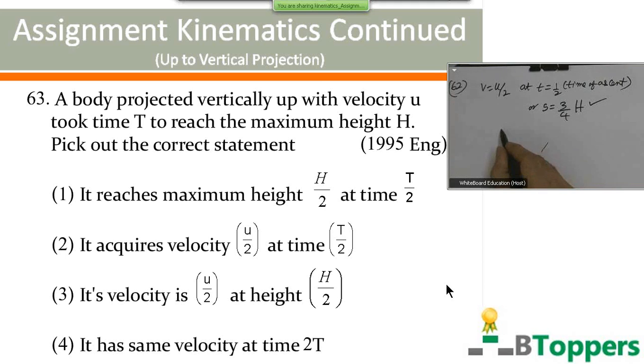So when it returns to the point of projection, its velocity becomes equal to minus U. After time equal to 2 into capital T after projection, it returns to the same point from where it is thrown upwards. At that instant, its velocity will be U in magnitude, but directed oppositely. Therefore, the fourth statement is also wrong.